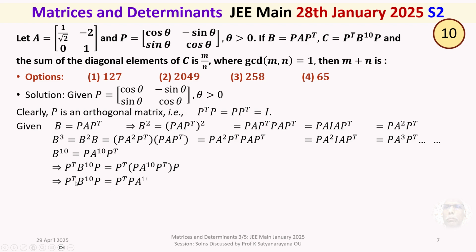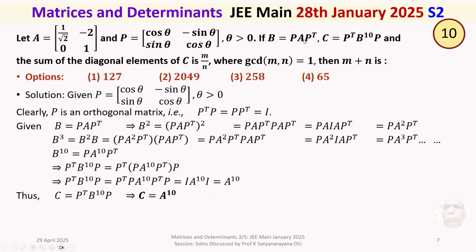P transpose P is identity, P transpose P is identity, and you will get A power 10. Now P transpose B to the power of 10 into P is given to be C. Thus C is this one, and P transpose B power 10 into P is A power 10. Therefore C is equal to A power 10.